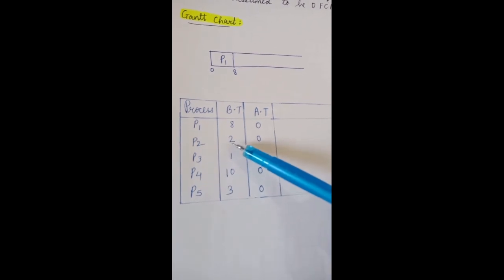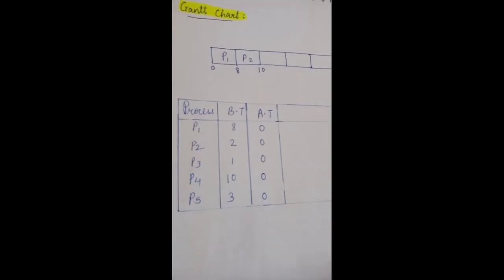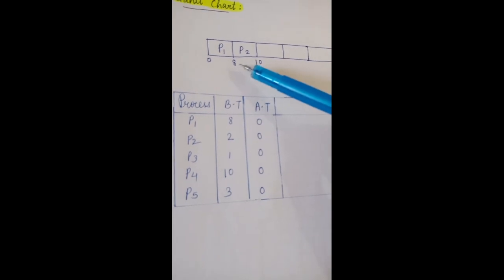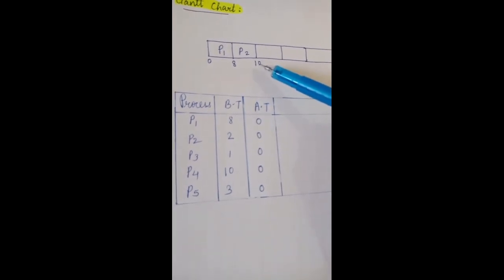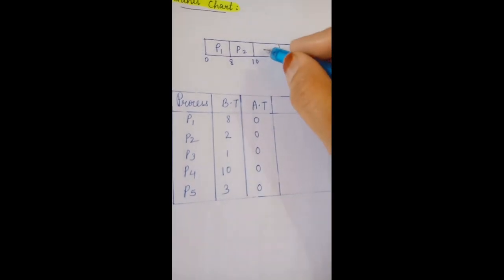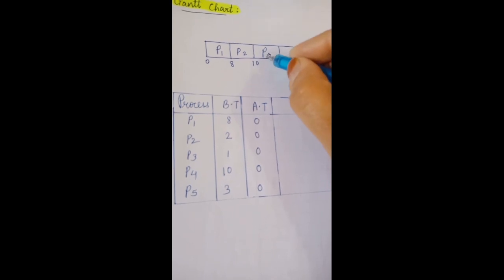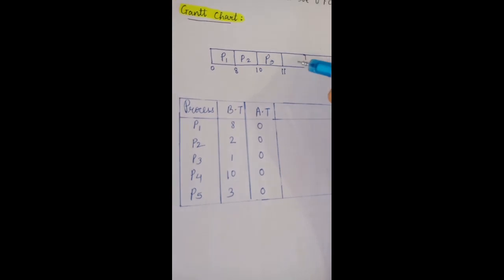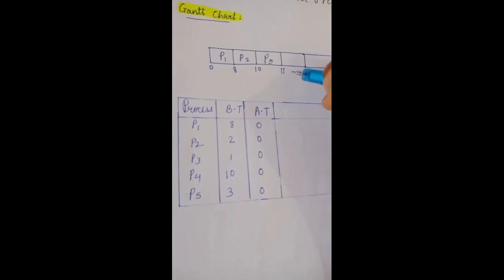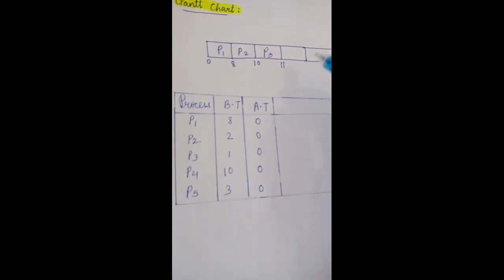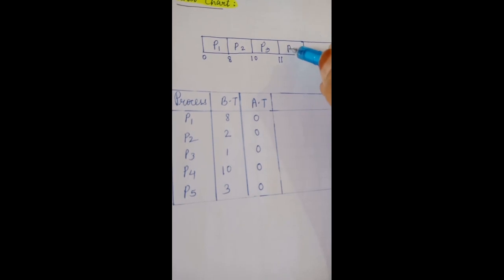Next is P2 and burst time is 2. For P2 we'll add the burst time of P2 to 8. 8 plus 2 is 10. So process P2 will complete at 10. Next is P3 with burst time 1. So we'll write P3 with burst time 1. 10 plus 1 is 11. Next in the table is process P4 with burst time 10.